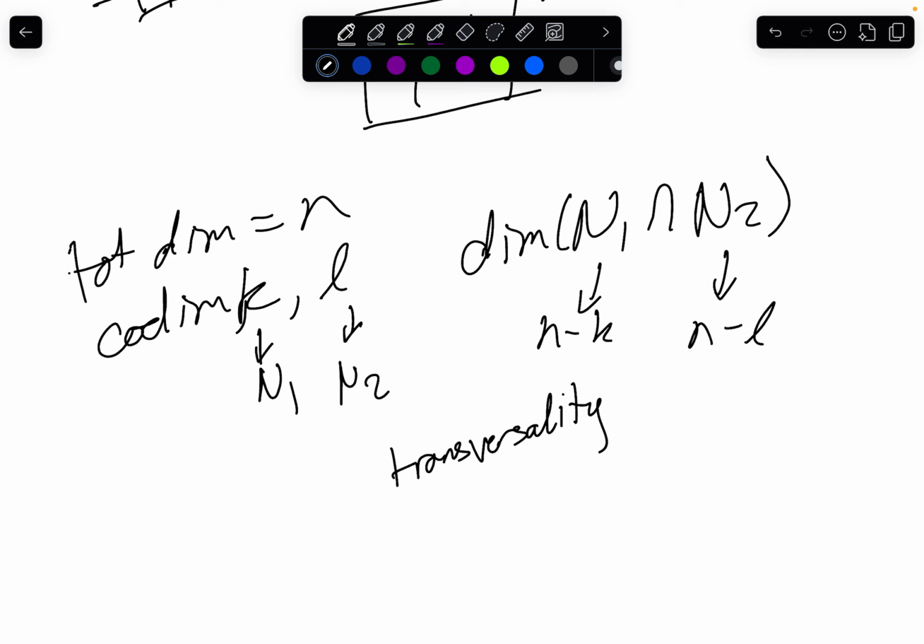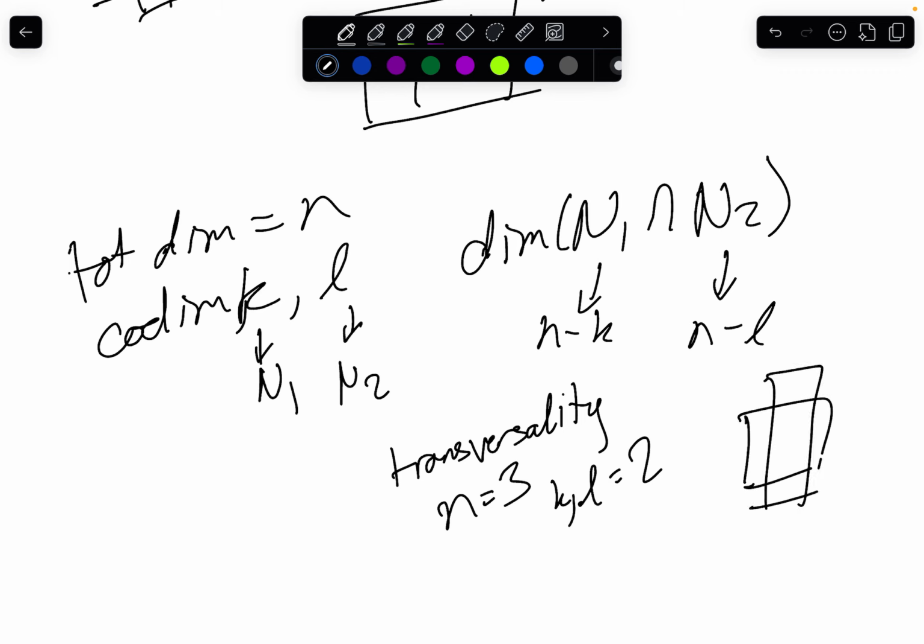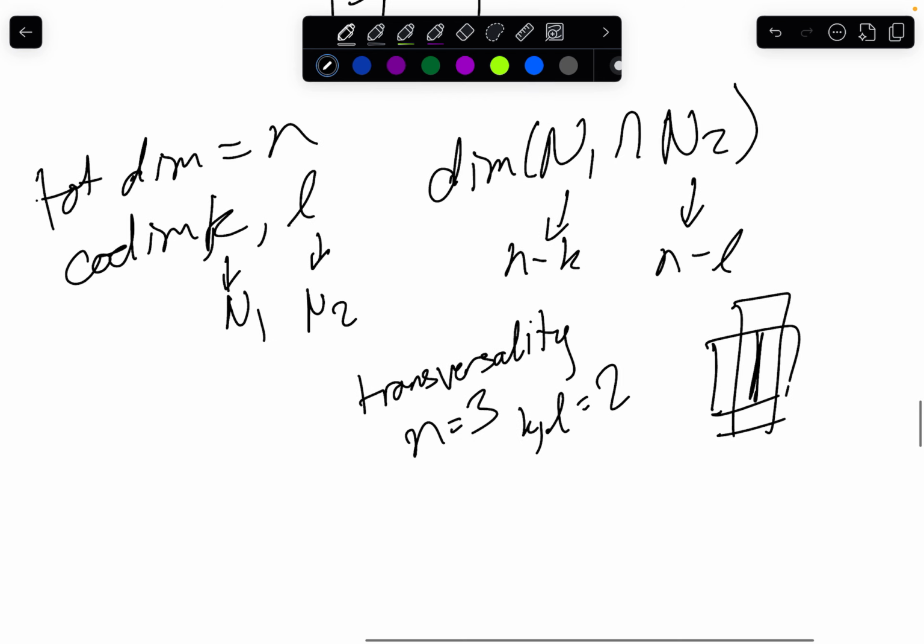And what happens in that case is, for example, if n equals 3 and k and l are equal to 2, then you have a two-dimensional thing and a two-dimensional thing. So the way that you can compute the dimension of the intersection is by taking the sum of the dimensions and then subtracting off the total dimension of your space, if that makes sense. I guess there is something to be shown there.